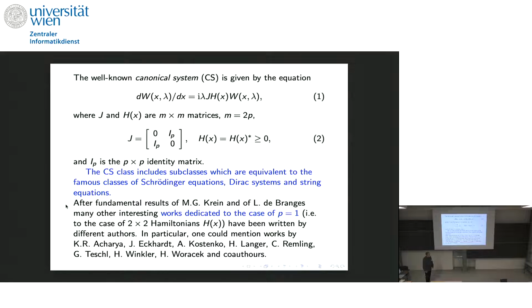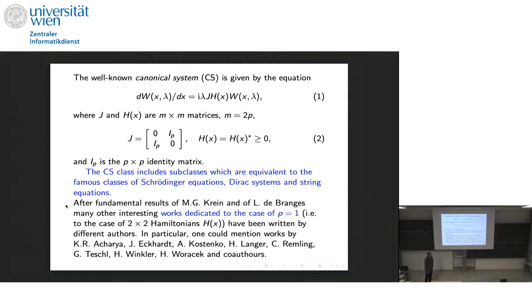And as already mentioned by Alexei, fundamental results in this field when p equals 1, where the Hamiltonian is a 2 by 2 matrix function, belong to Mark Krein and Louis de Branges.